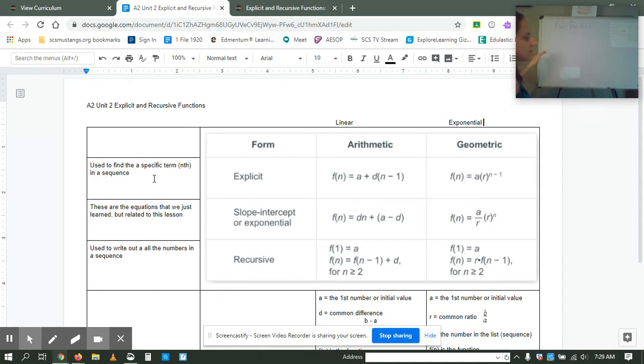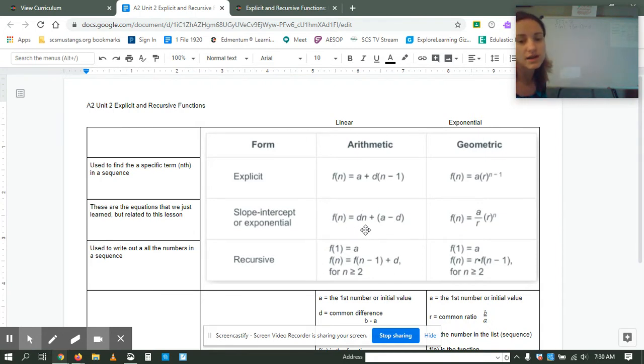So instead of having to make a whole list of things to find the 37th term, we can use our explicit forms to find the 37th term without having to list all 37 possibilities out. And this middle line right here are the equations that we were doing in that first lesson. So this is how they relate what we did there to the equations they're giving you here.